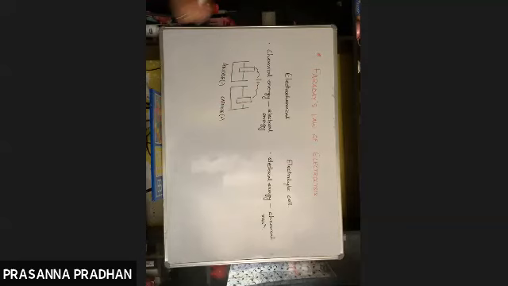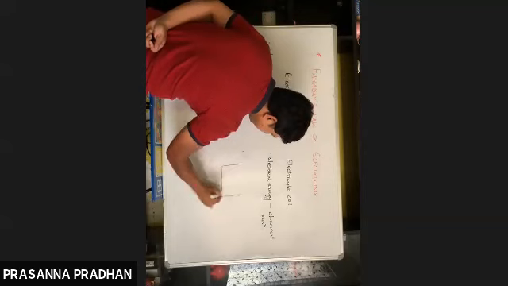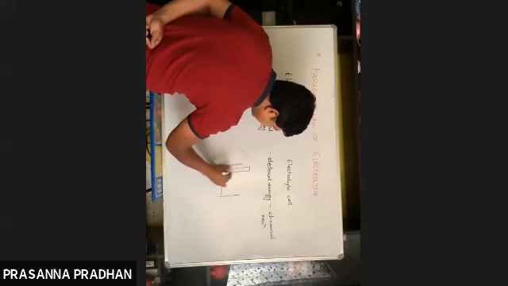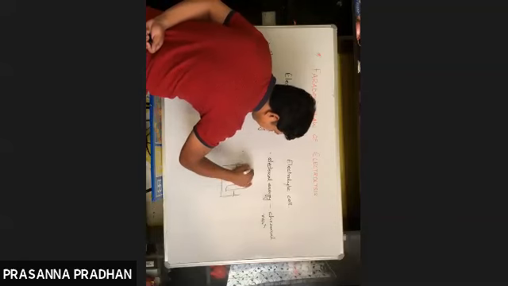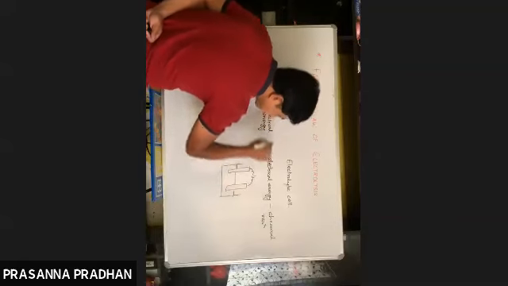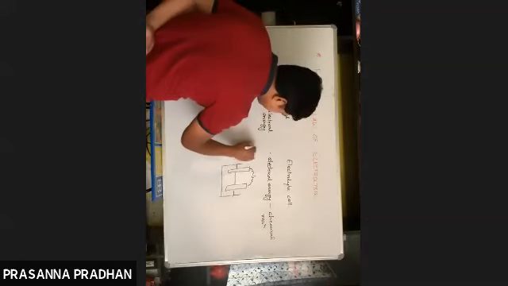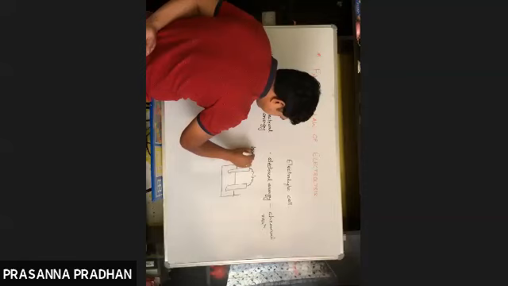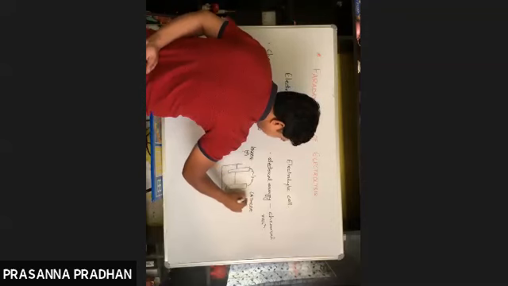Whereas in an electrolytic cell, both the anode and the cathode are placed in the same vessel, in the same electrolytic solution. And here, the anode is the positive terminal and the cathode is the negative terminal.